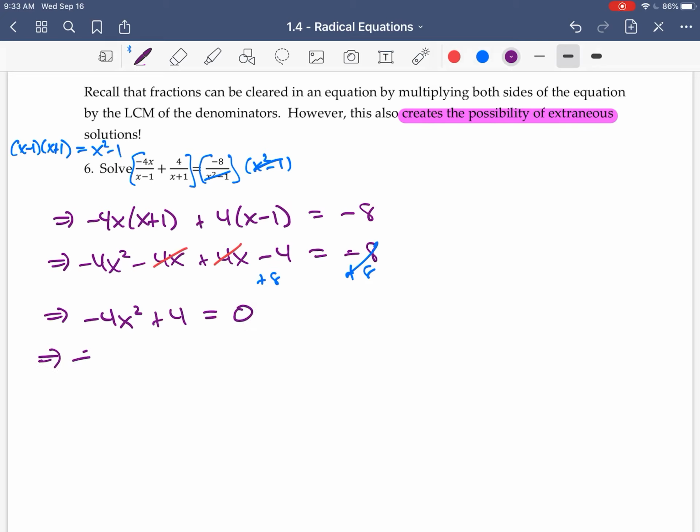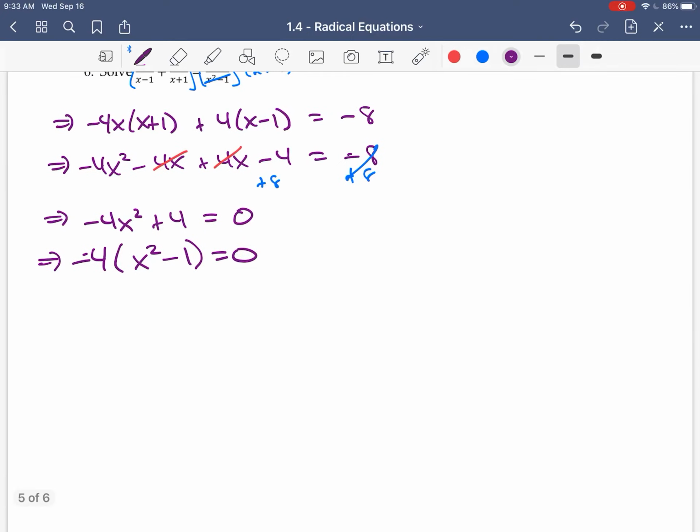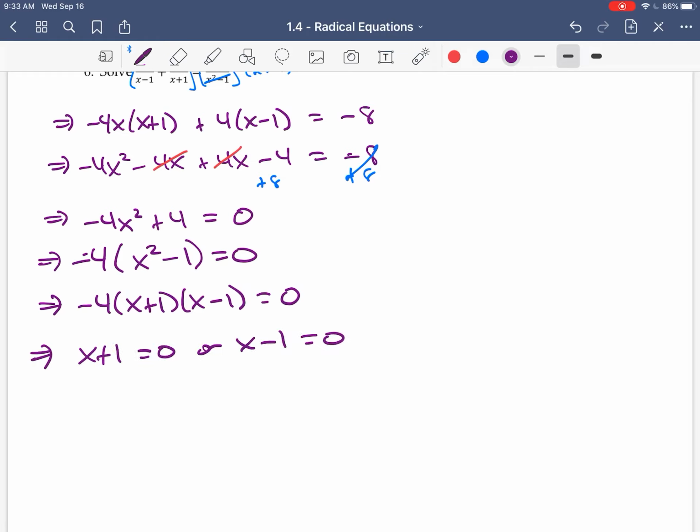So I can factor out a minus 4, and then I have x squared minus 1, which factors. This is a difference of squares, so it's x plus 1 times x minus 1. So one of these has to be 0: x plus 1 is 0, or x minus 1 is 0, which means that x is negative 1 or x is positive 1.